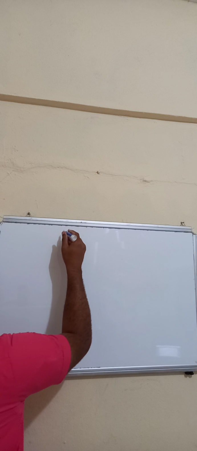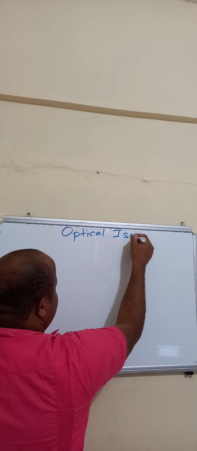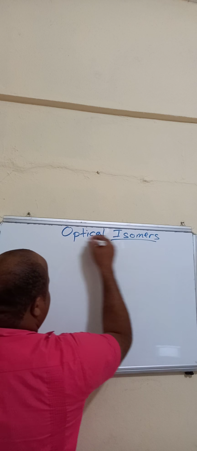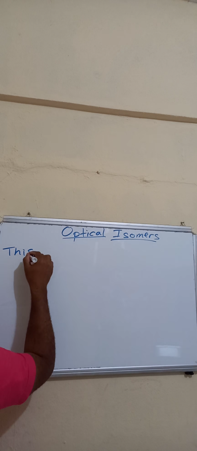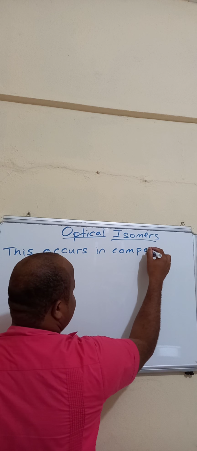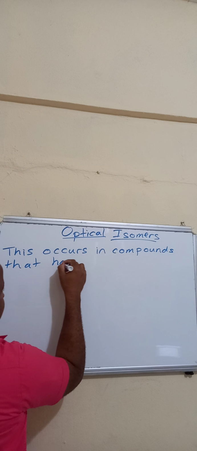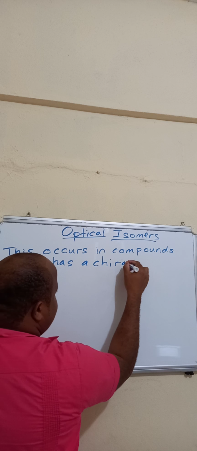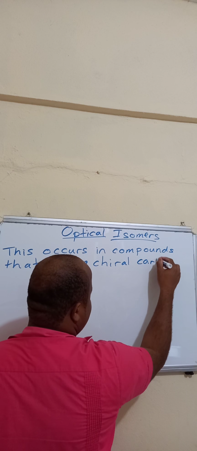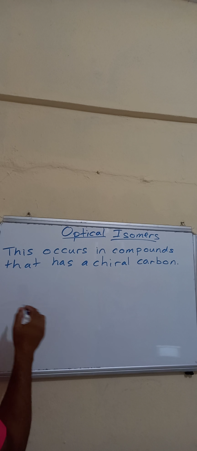So now we are going to look at optical isomers, alright? And this occurs in compounds that have a chiral carbon. So to get the optical isomers now, right?